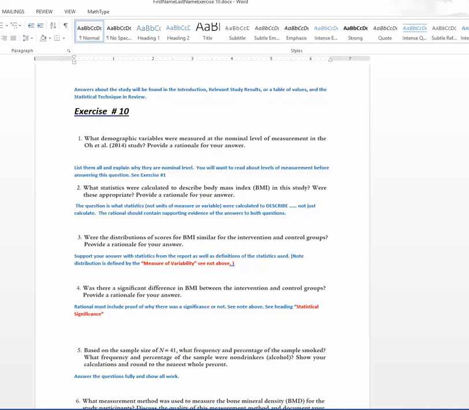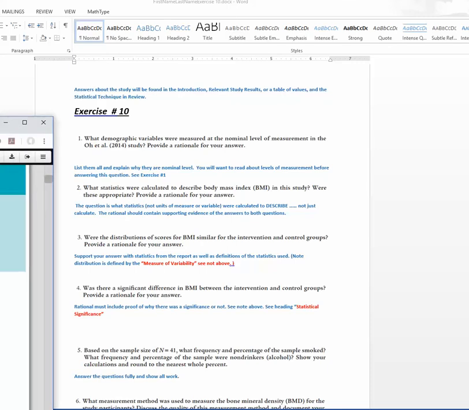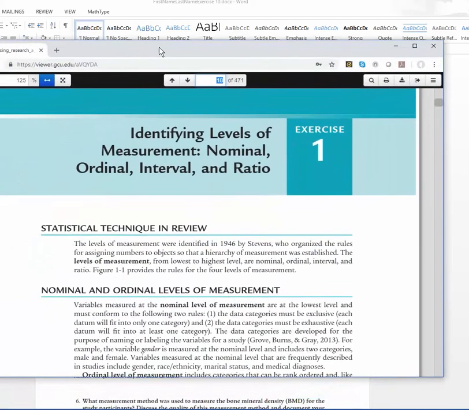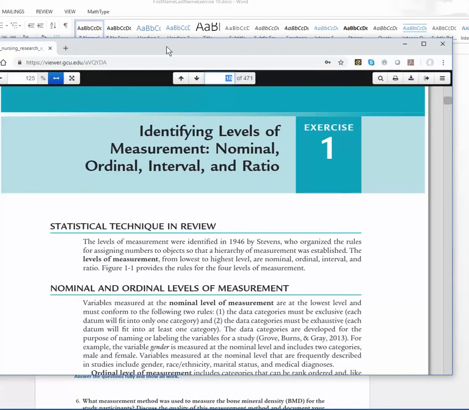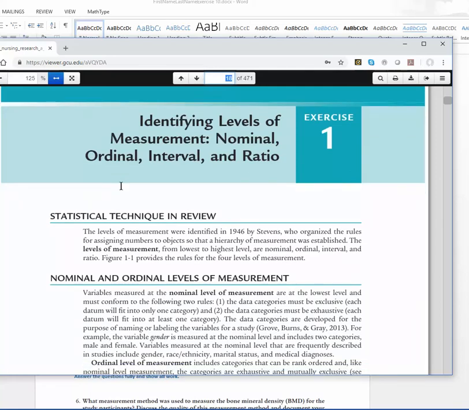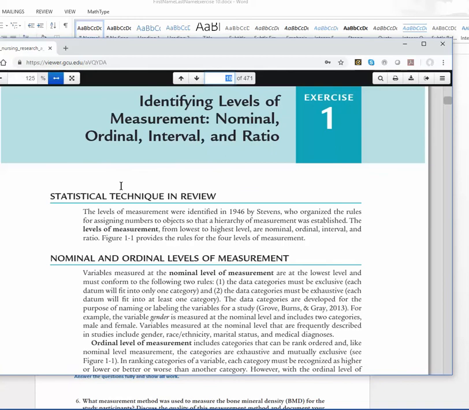So what I'd like to take a look at is, and I've suggested in a couple places that you go back to exercise 1 in the textbook, because that was one of the readings from week 1, which you may or may not have had time to get to. This is where they talk about measuring nominal, ordinal, and interval ratio data. Basically, nominal data is data which is just characteristics.